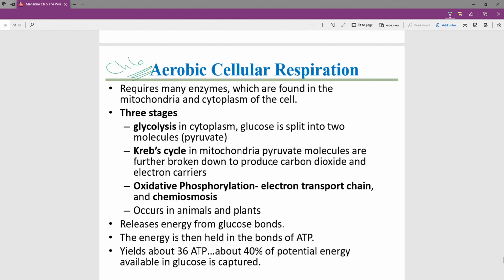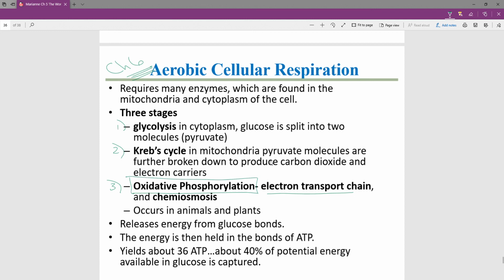There are 3 stages in cellular respiration. We're going to talk about glycolysis, the Krebs cycle or citric acid cycle, and the third one. The third one is not just the electron transport chain, but this massive pair of words here: oxidative phosphorylation.